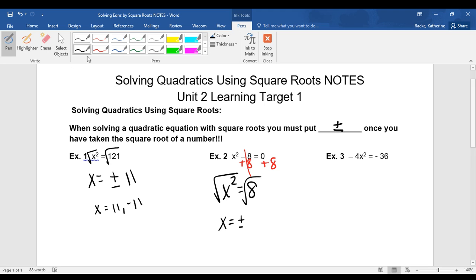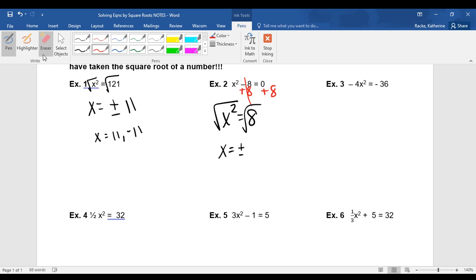8 is not a perfect square, so I'm going to need to do my factor tree. Let me back up real quick because I need to do my factor tree first. So 4 and 2, 2 and 2, these are prime numbers. So the square root of 2 times 2 times 2, looking for a pair of 2's.